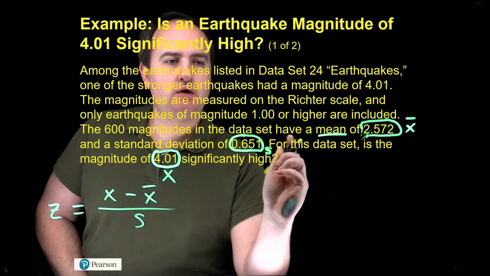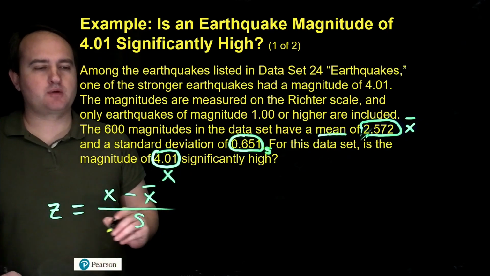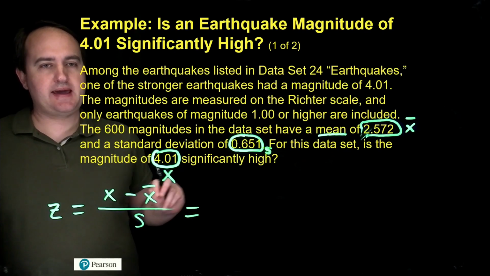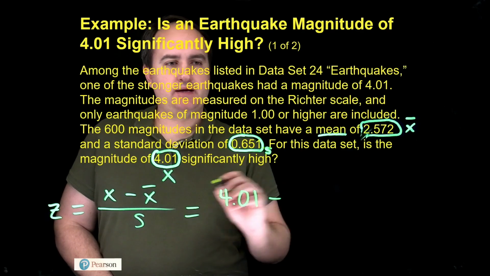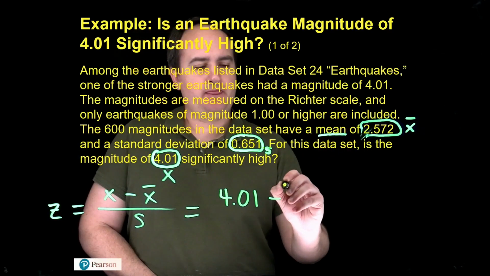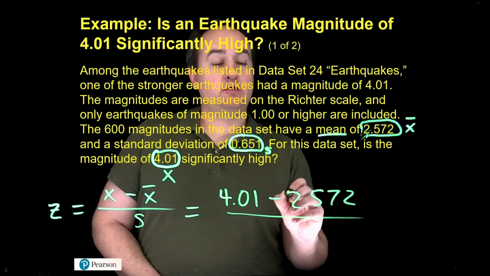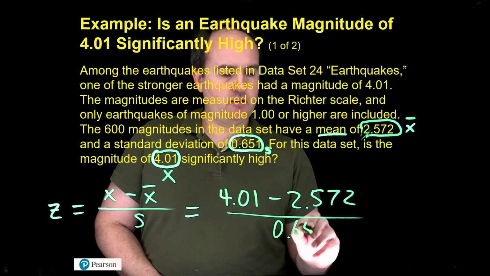Plugging everything in to this formula, we have x minus x bar all over s. So x is 4.01 minus x bar is 2.572 all over s, which is 0.651.